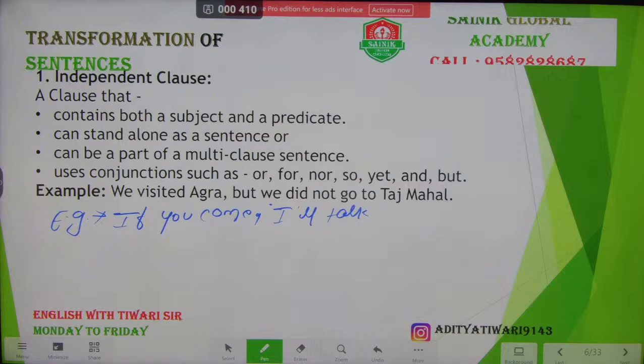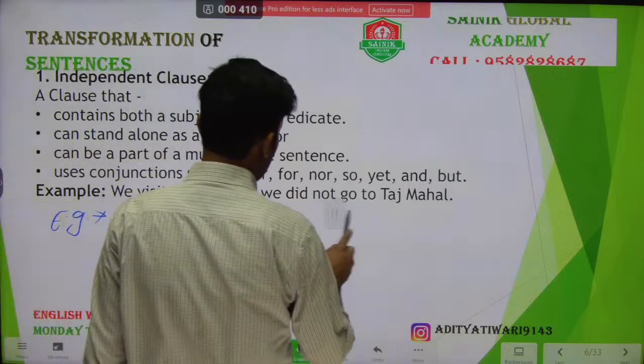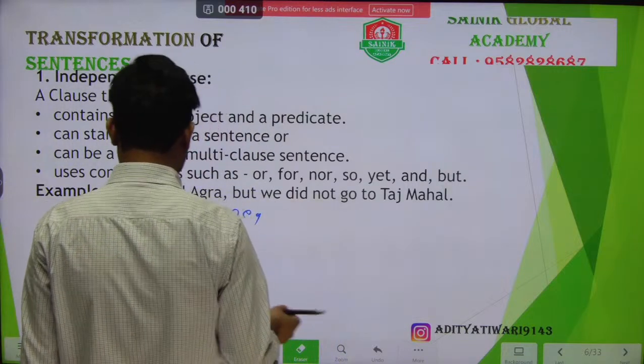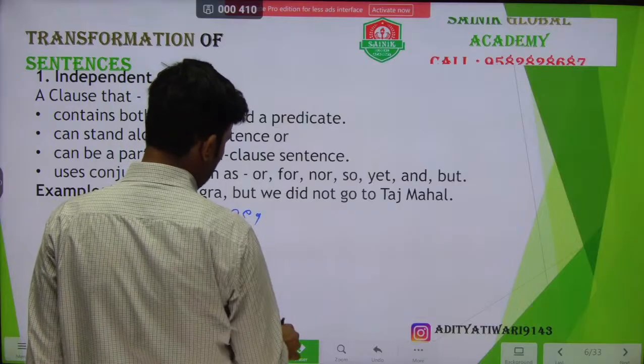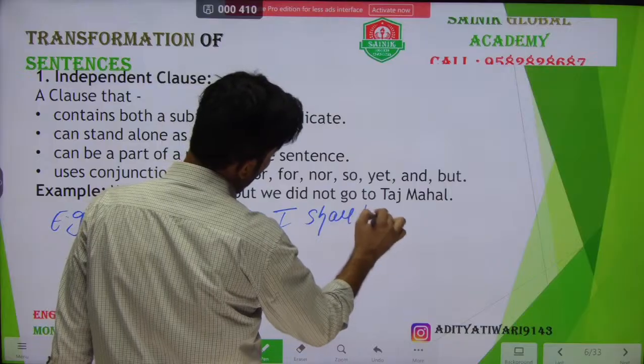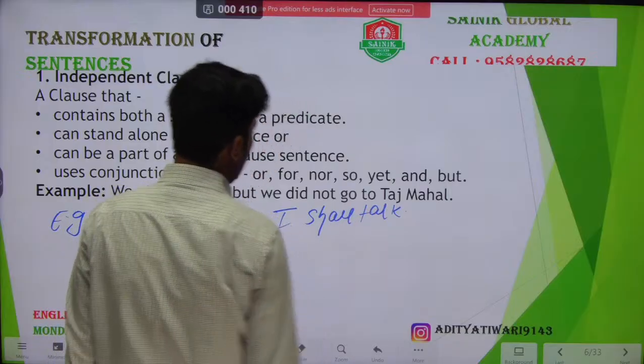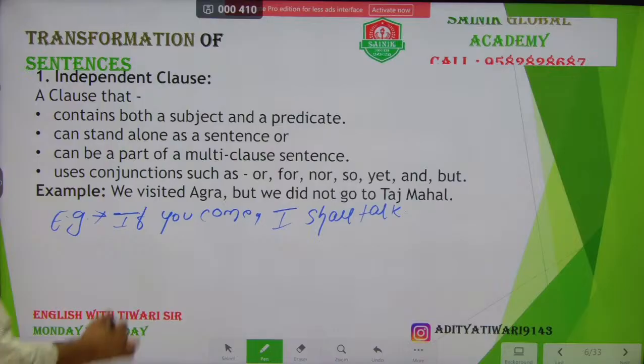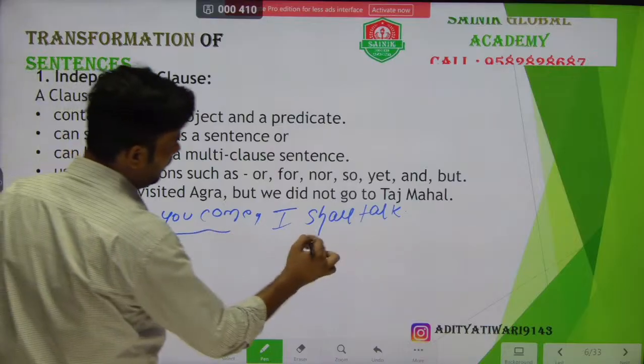Two. Let me write in full form. If you come, then I shall talk. How many sentences are here? Two. The first one is if you come, the second one is I shall talk.